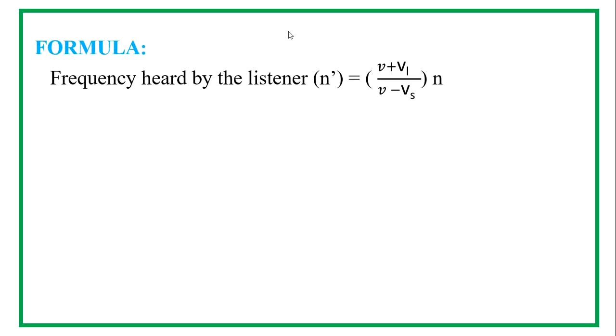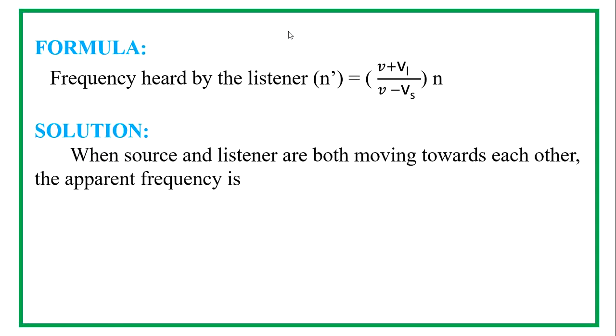Formula: frequency heard by the listener n dash is equal to V plus VL by V minus Vs into n. When source and listener are moving towards each other, the apparent frequency is n dash is equal to V plus VL by V minus Vs into n. Here VL is the velocity of the listener, Vs is the velocity of the source, and V is the velocity of sound.